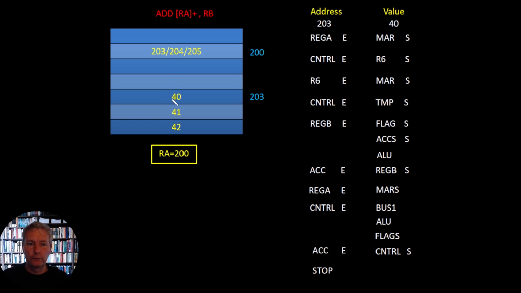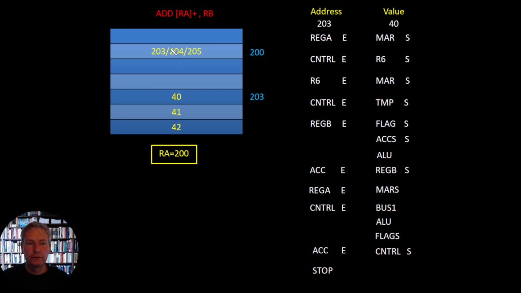So we've got the value 200, but we have to go to address 200. So we go to the address 200, and then we have to go into that address to find the value. So the value in that address is 203. Now for the moment, just forget about 204 and 205.